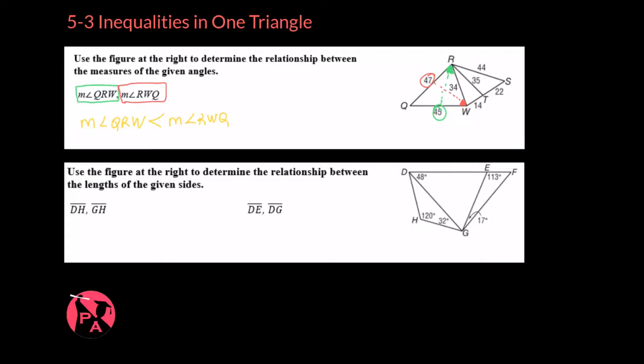So the last example is about comparing the size. Angles are given. Here's what I'm going to do first. Since I'm going to compare some of these sides, I want to make sure that I have all of these angles on the figure. So before I start even solving the questions, I want to label these angles.